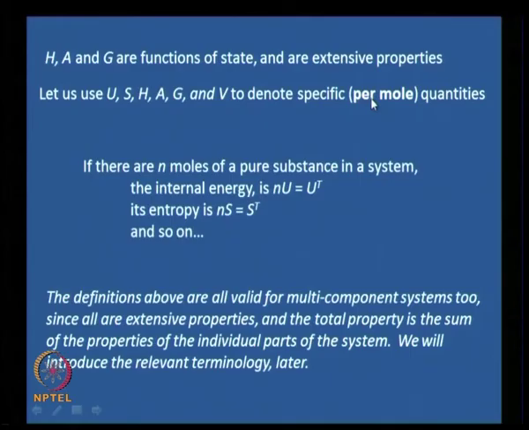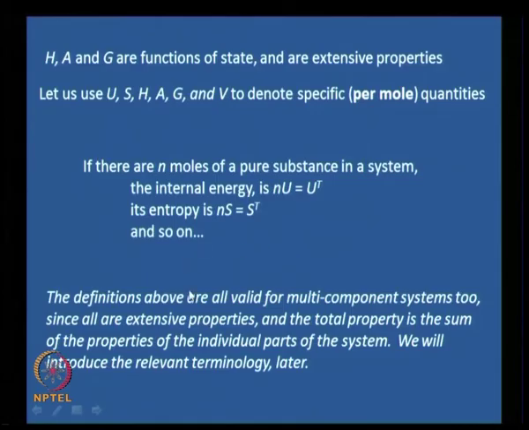Note that we started with per mole quantities, these symbols referring to per mole quantities, and we said that if there are n moles of a pure substance, we would use nU, nS, and so on to represent the total internal energy, the total entropy, and so on.